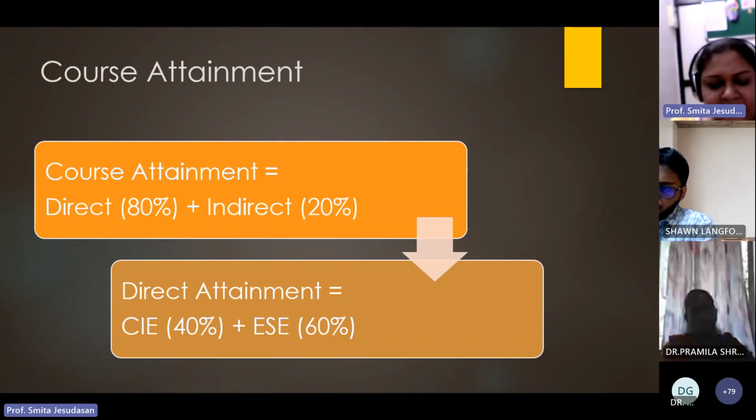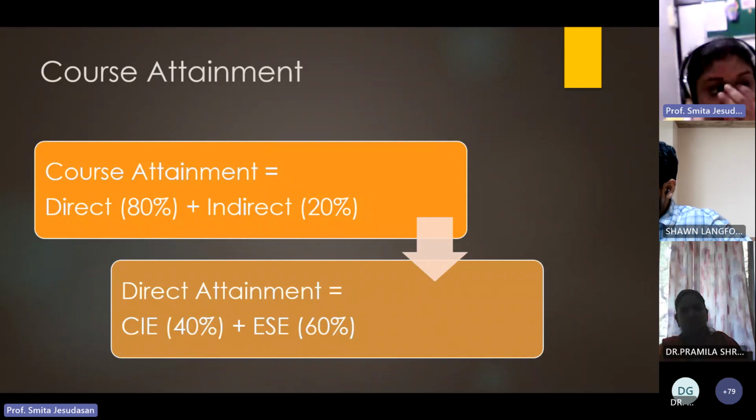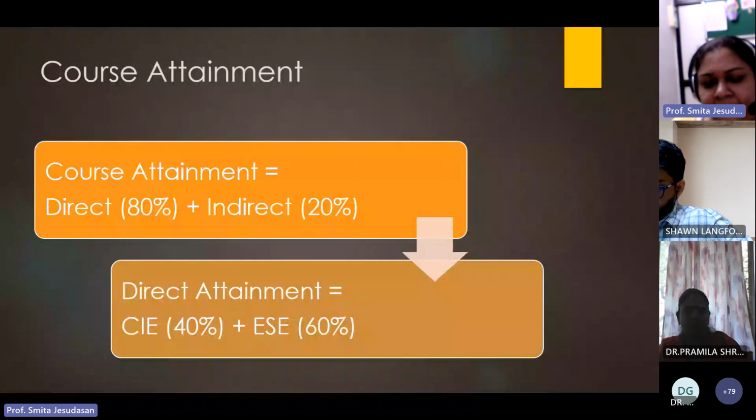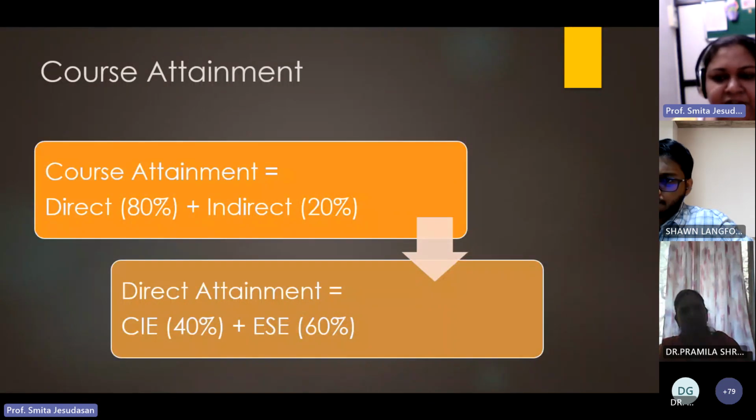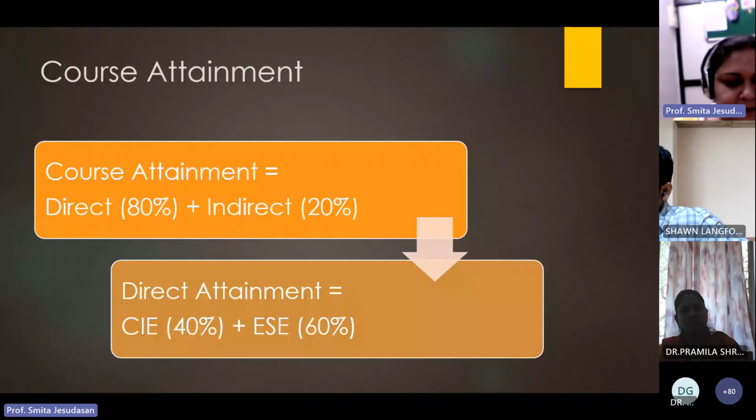The exit survey can be administered by the program committee. And the alumni survey can be administered by the placement cell because they have maintained a networking relationship with the alumni. So accordingly, the indirect surveys have to be administered by appropriate committees at the institute level. Only then can information be solicited and the attainment levels calculated.